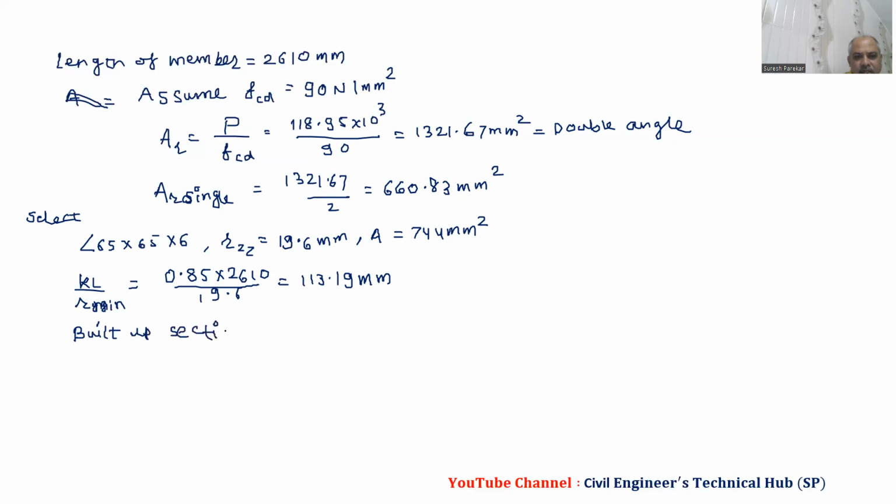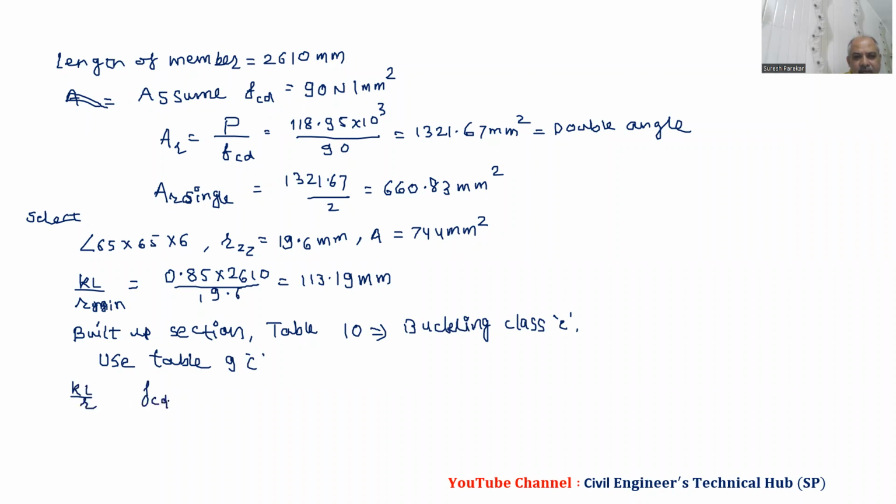So go to table 10, and in the last row we have this as buckling class C. As it is buckling class C, so use table 9C. So we have KL upon R and FCD. So we have 110 and 120. For 110 we have 94.6 and for 120 this is 83.7.